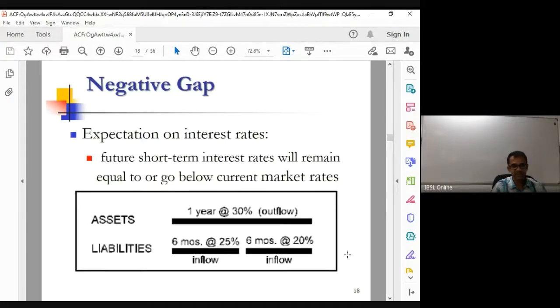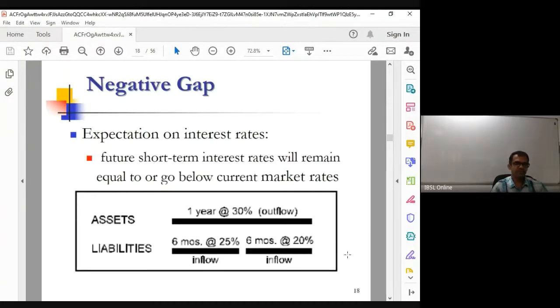But what is the risk here? If the market interest rate goes up, that's the first thing. If the market interest rate goes up, you have to borrow at a higher rate. So your net interest income may be less compared to the first 6 months, or it may be negative.